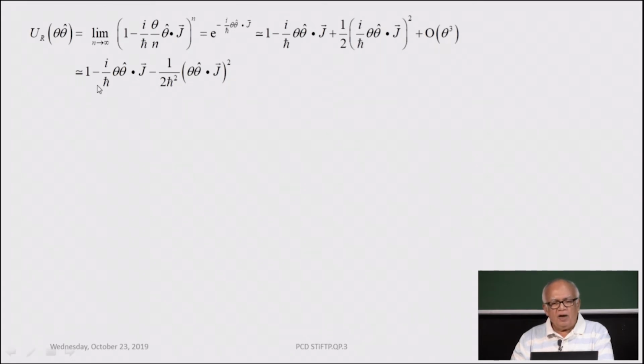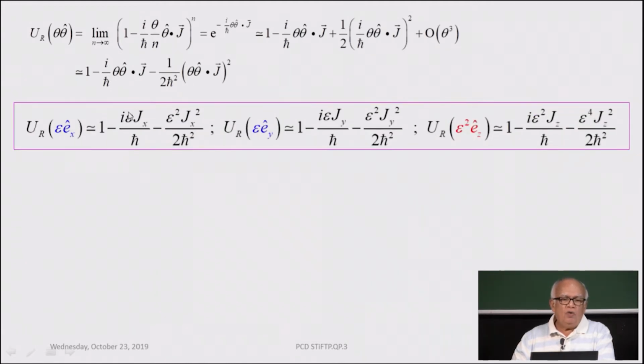So, up to order 2 I have this expansion of the operator for rotations, and now consider rotations about the x axis, the y axis and the z axis. But for x and y I consider order epsilon, whereas about the z axis I consider epsilon square. So, here instead of I epsilon I have I epsilon square, and here I will have epsilon to the 4.